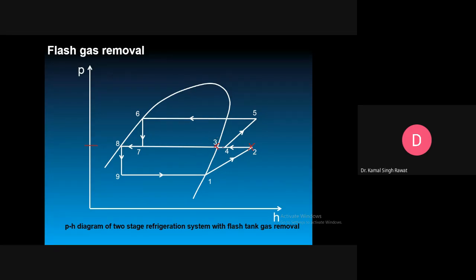So when they mix, the final enthalpy is H4, which is in between 2 and 3. Okay, so now at point 4, this superheated vapor enters the second compressor, where it gets compressed up to condenser pressure. Then this superheated vapor enters the condenser, where it rejects its heat and converts into saturated liquid.